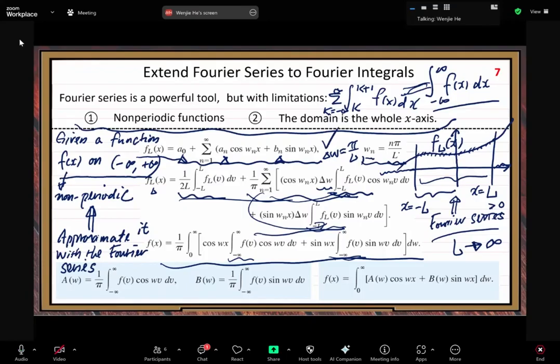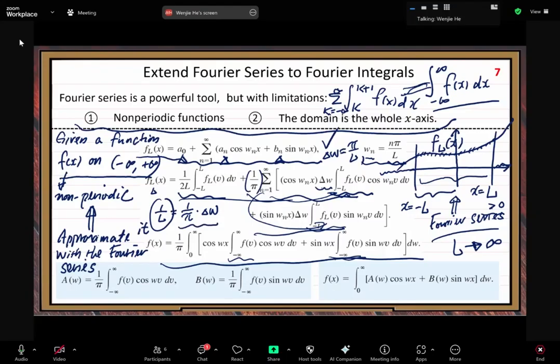Because when you apply the formula, you can do the conversion. We need to take the 1 over L out. 1 over L equals 1 over pi times delta W, because delta W is pi over L. So that's the reason 1 over L in the original formula is replaced by 1 over pi times delta W. So 1 over pi, we factor it out.